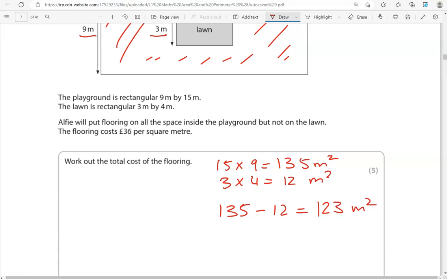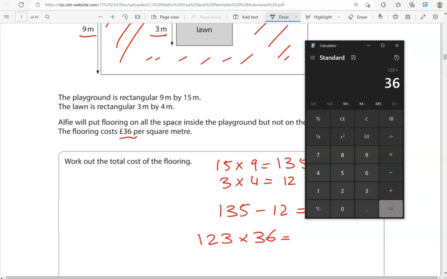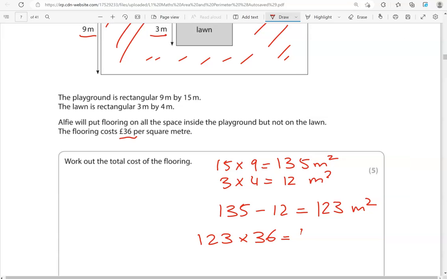So 123 square meters of flooring is needed, and the cost is £36 per square meter. So we're going to do 123 times 36, which is 4,428 pounds.